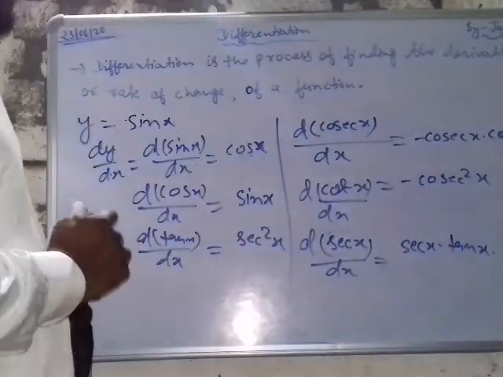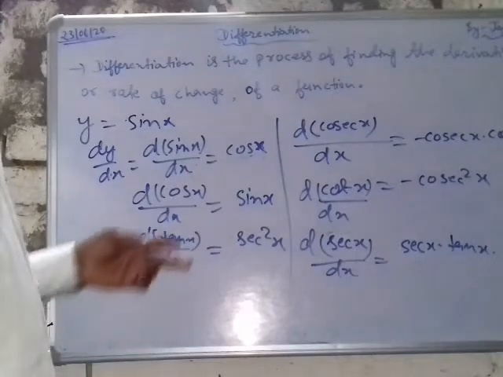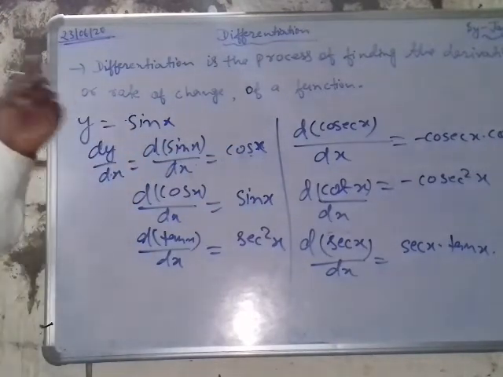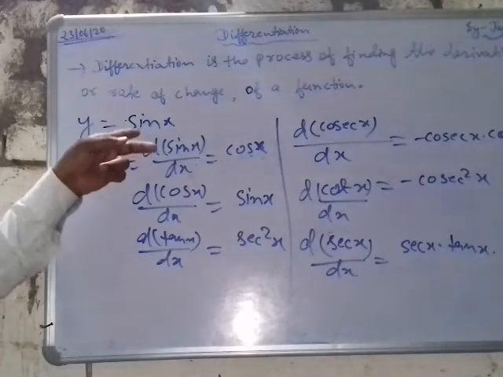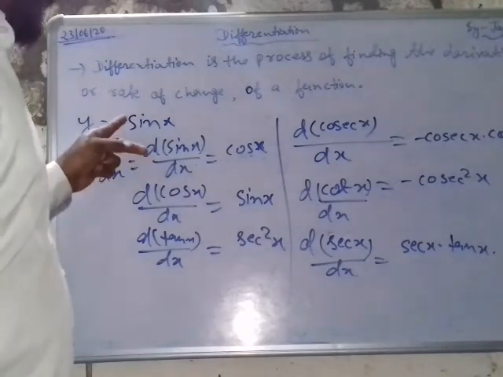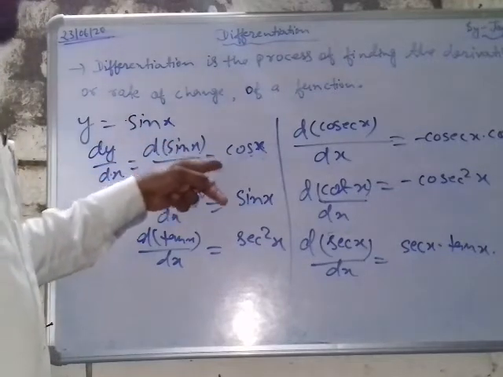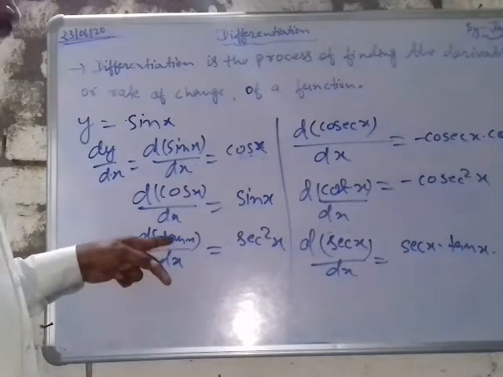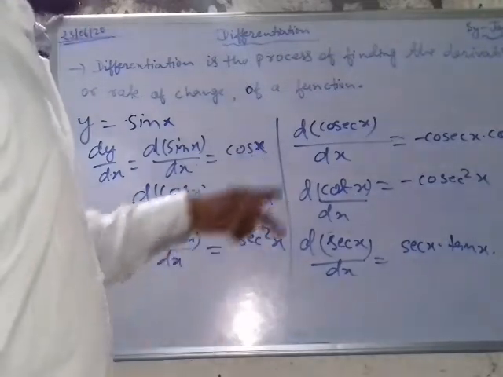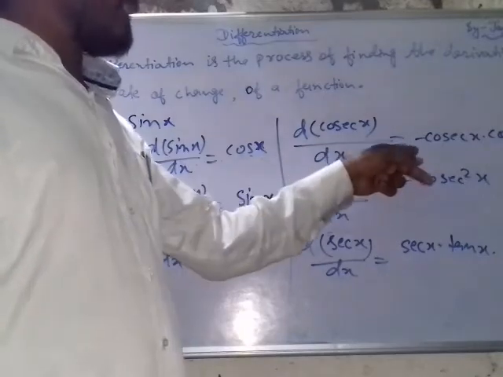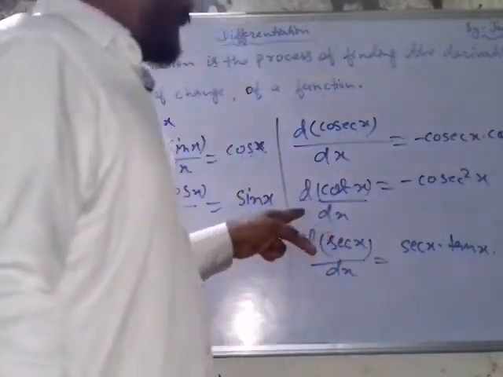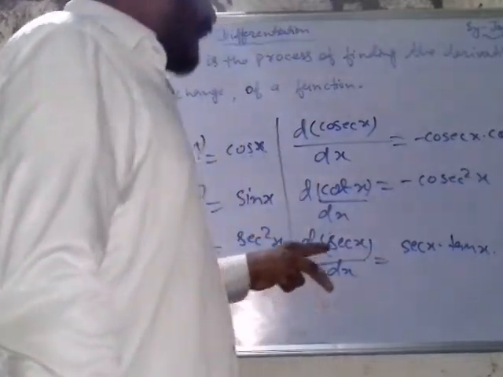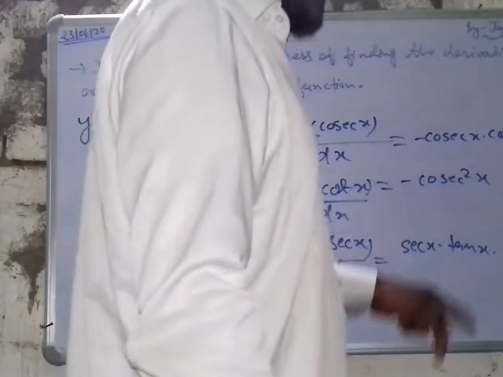These are the formulas for differentiation of trigonometric functions. d(sin x)/dx equals cos x, d(cos x)/dx equals minus sin x, d(tan x)/dx equals sec square x, d(cosec x)/dx equals minus cosec x cot x, d(cot x)/dx equals minus cosec square x, and d(sec x)/dx equals sec x tan x.